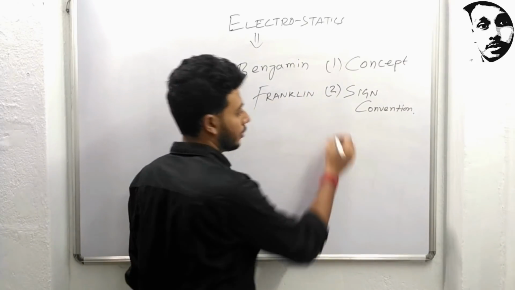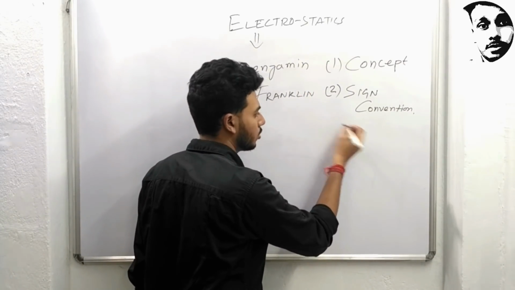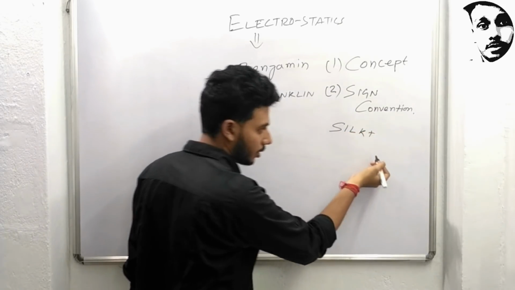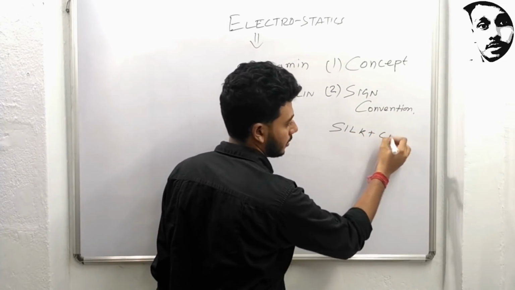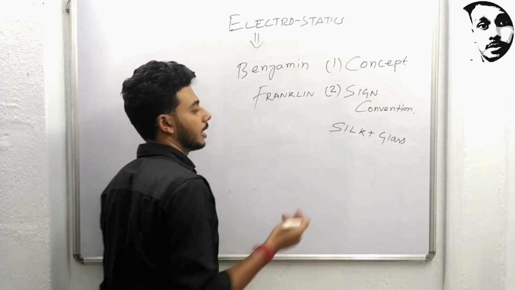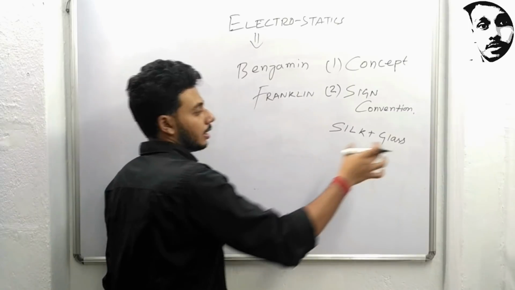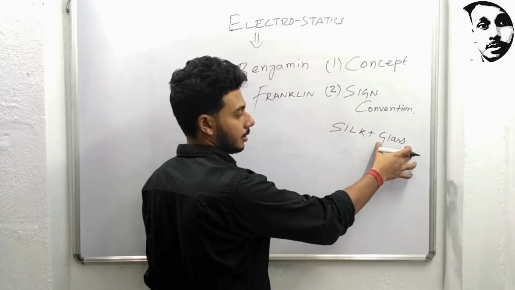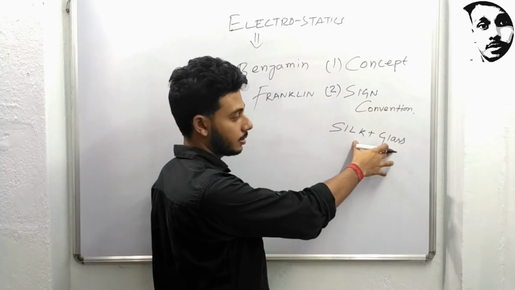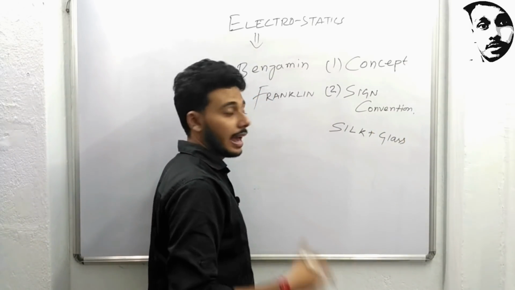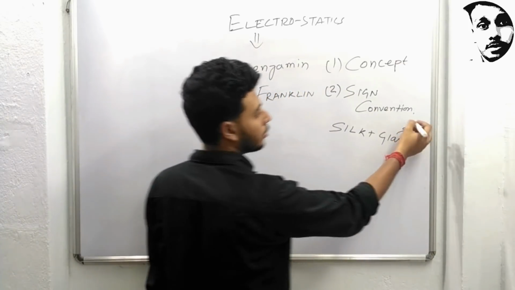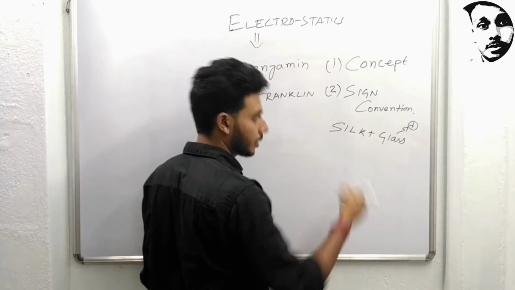According to him, if you rub silk with glass, or glass with silk, it's the same thing, then due to the rubbing, a fluid imbalance takes place. So the glass will have an excess of that fluid. According to his theory, the glass becomes positively charged.